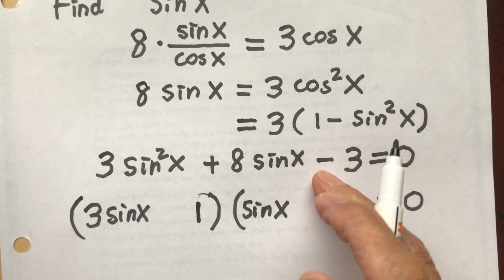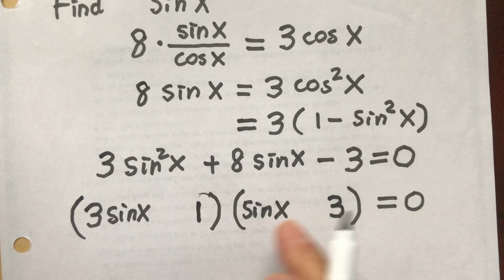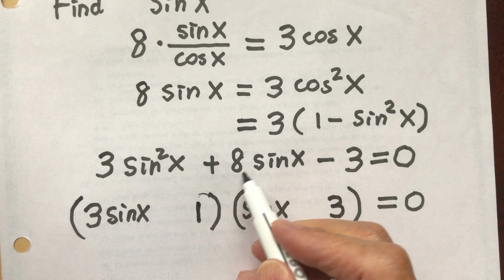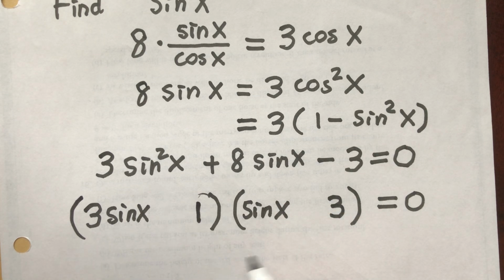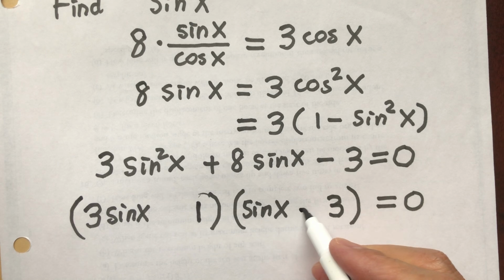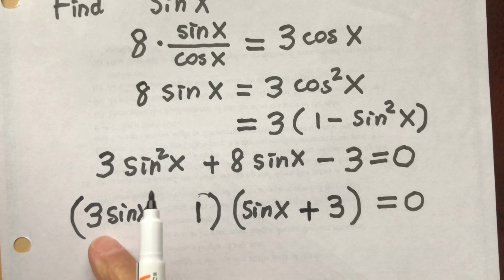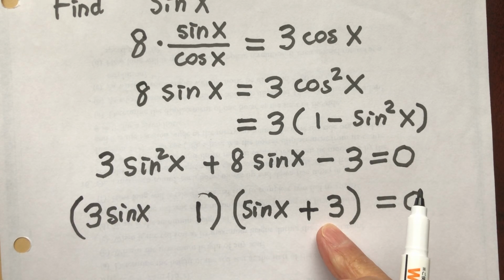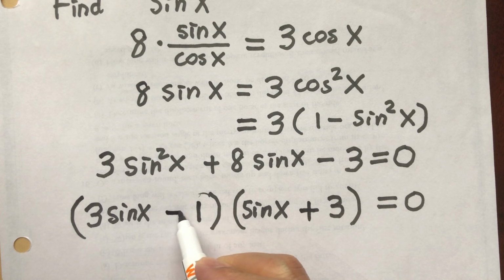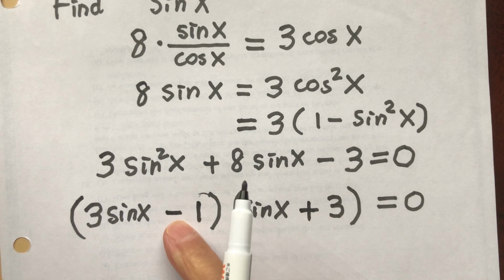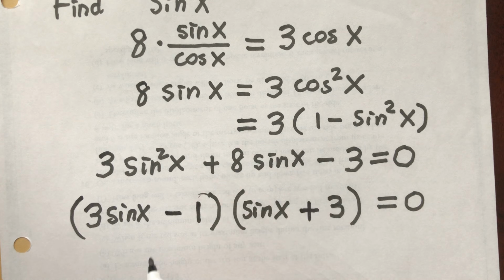I want negative. So this one and this one is plus, the other one is minus. But I want plus 8. So this times that is plus 9 if I make this plus. And I want this negative here. So plus 9 minus 1, I have 8. So this is my result of factoring.